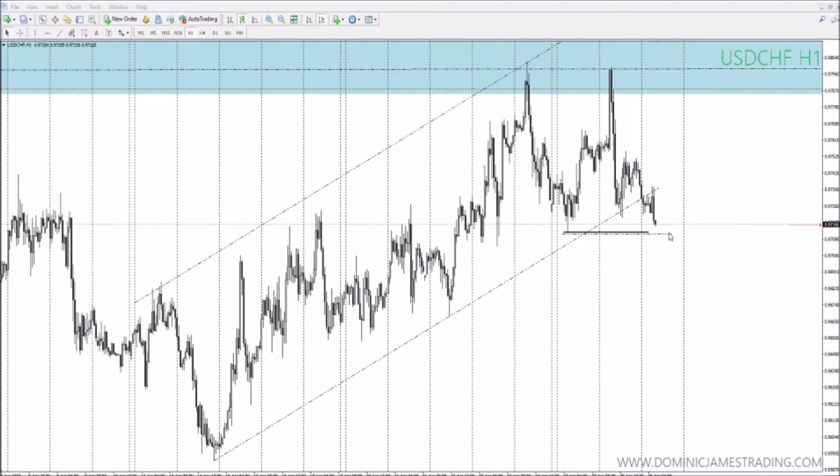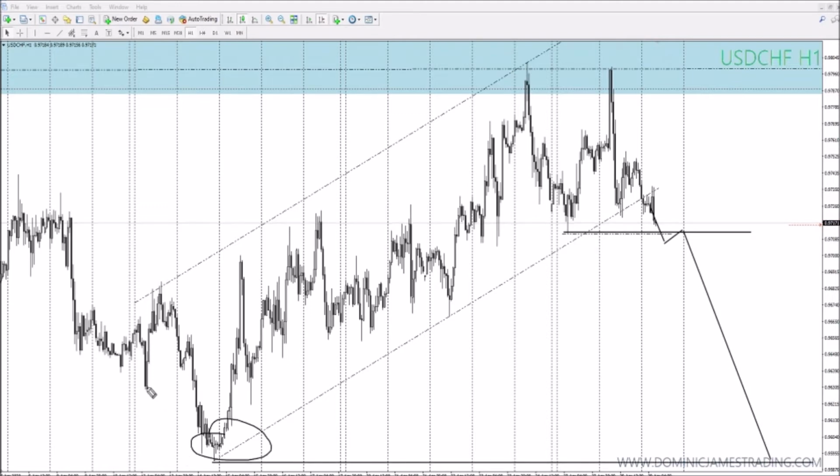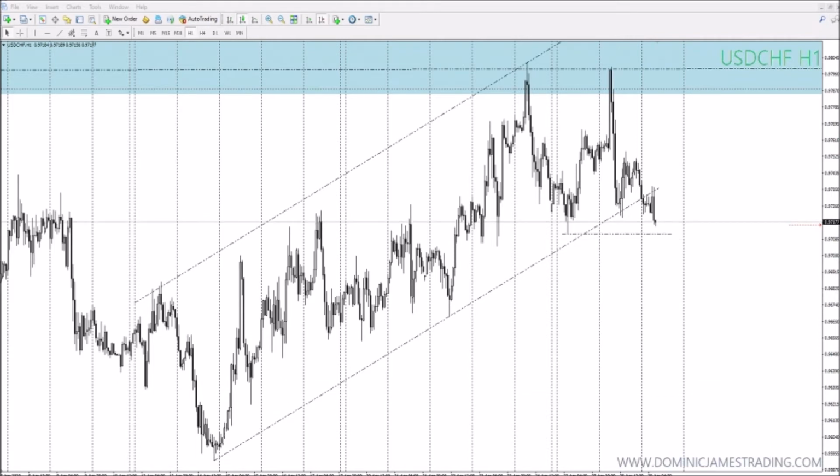So what I want to see now is a break below Monday's structure low, and looking to sell, possibly to take out these lows, but we'll expect a bounce at previous Monday's lows, as we did get a bounce here before. So just a little bit of common sense, but that's what I'm looking for in dollar Swiss.